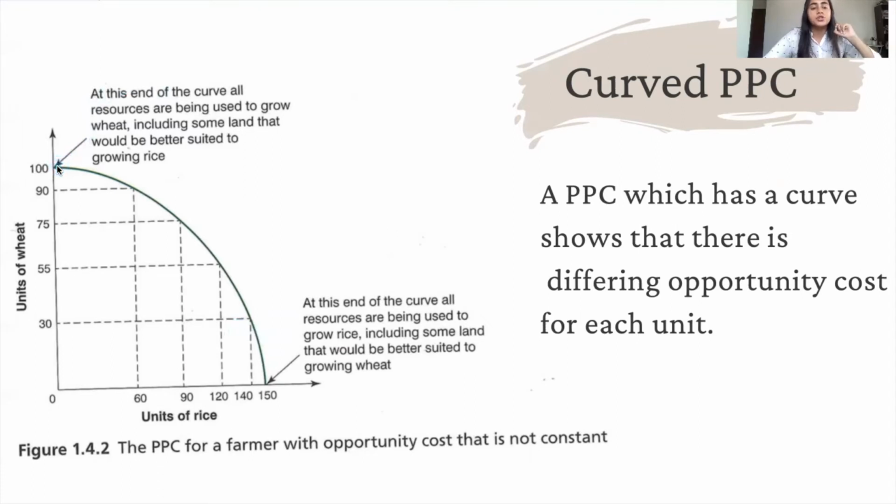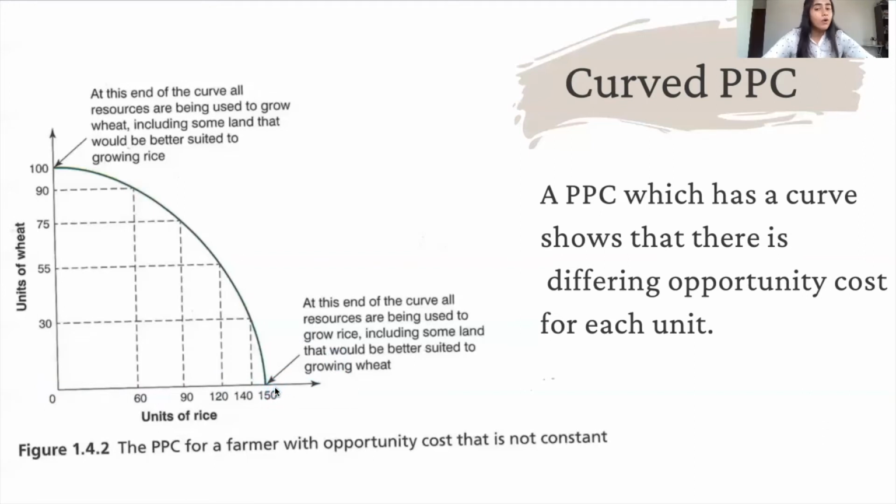Therefore, it shows, again, opportunity cost, and therefore you can't produce any rice when you're producing 100 units of wheat. And when you're at 150 units of rice, you can't produce any units of wheat. Like you see in the graph, it's 0 units of wheat.